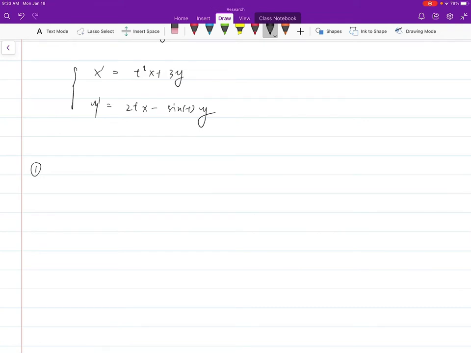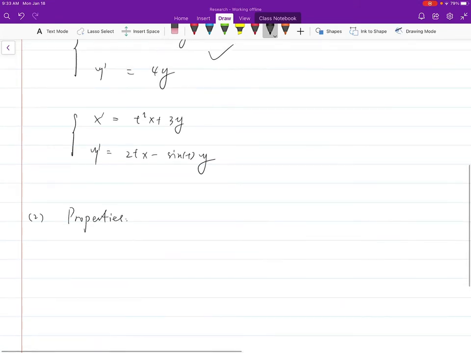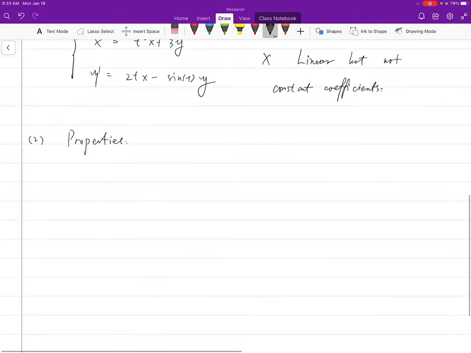Several properties of what we have here. So now properties.